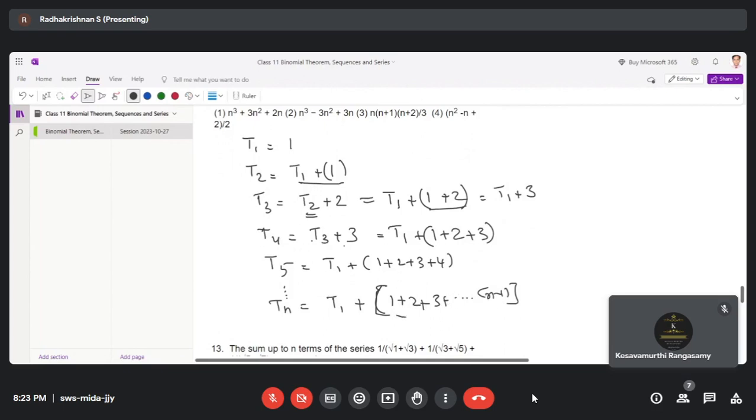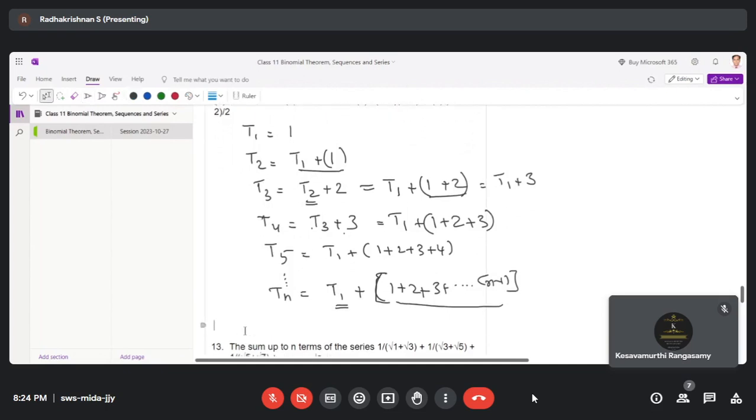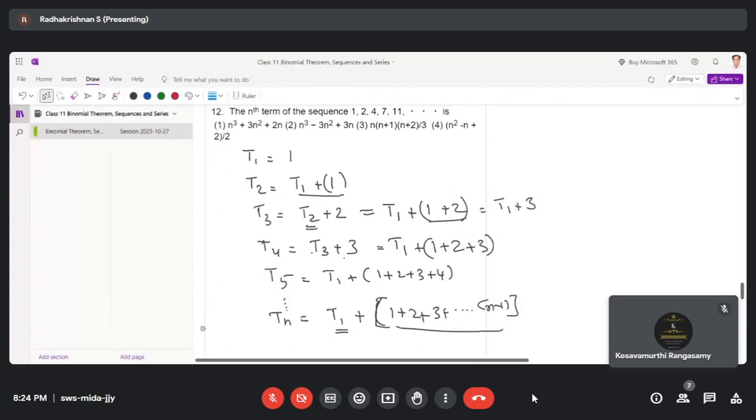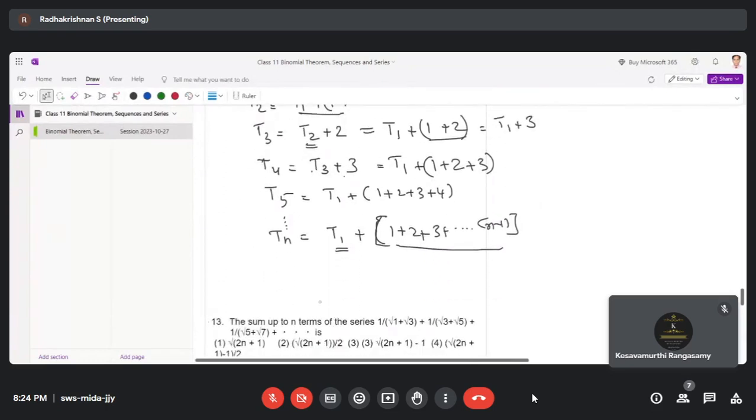We know the formula for this, right? And we know the value of T1 also. So you substitute and you get the answer. T1 is given as 1, right? And this is n into n plus 1 divided by 2.